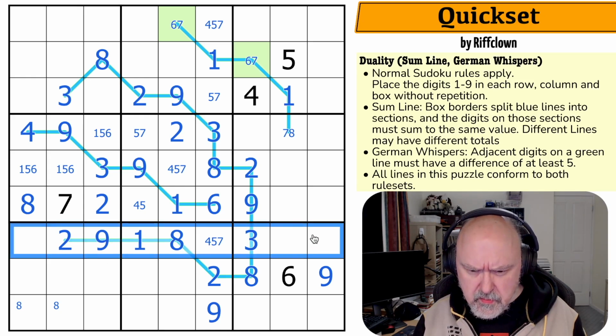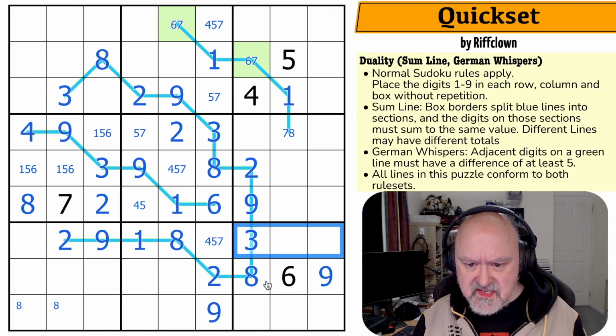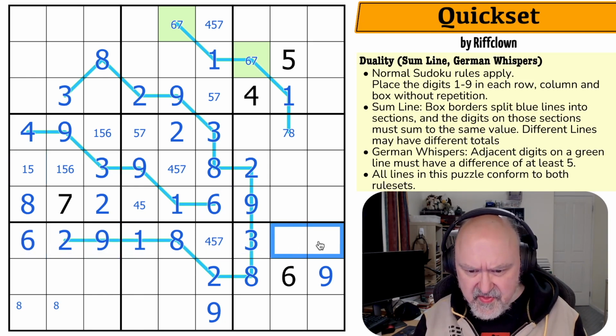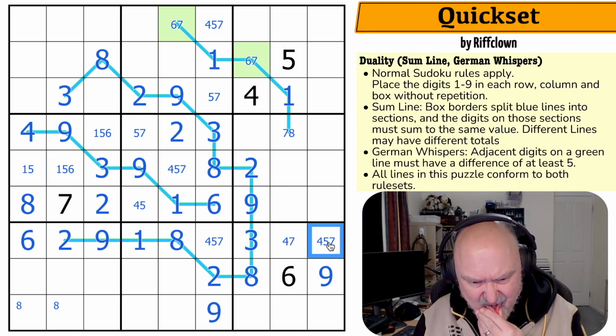This row? Where's 6 in this row? That 6 is preventing 6 from being in any of those. That 6 is preventing those, and this is a 2, 9. That's a 6 taking 6 out of there. These are 4, 5, 7. So this is 4 or 7 only because of the 5 looking down. But that's, again, not doing too much.